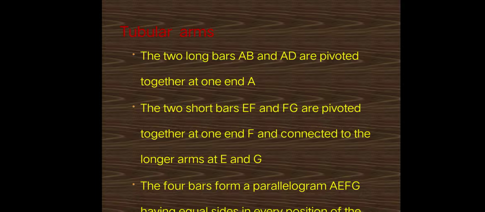Tubular arms are nothing but, as I said, four arms, out of which two will be long arms, AB and AD, with common point A. And the other two are short bars, EF and FG. They are pivoted together at point F and connected to the two long bars AB and AD at E and G. These four bars are formed in such a way that a parallelogram AEFG is formed with equal sides.